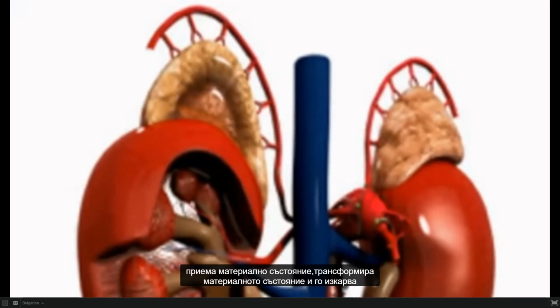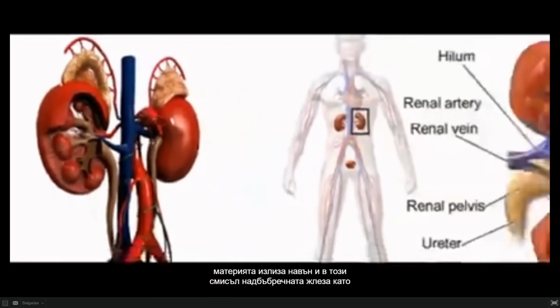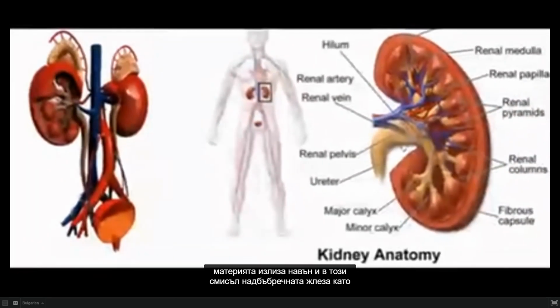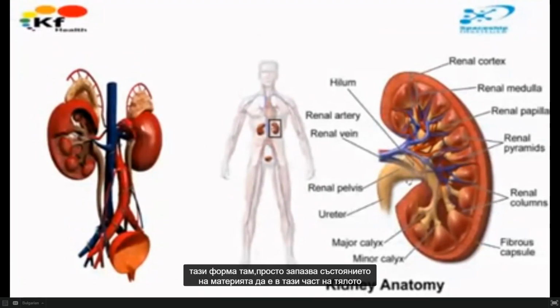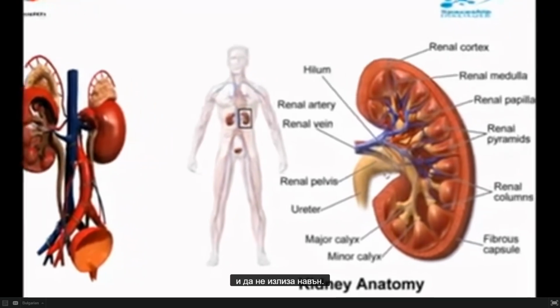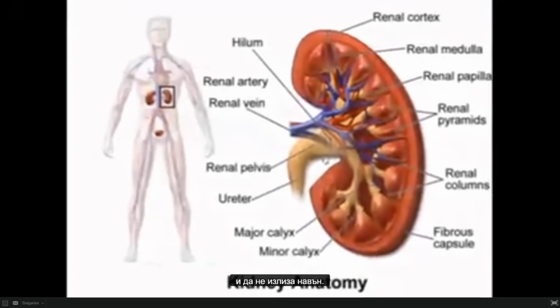It means the kidney accepts the matter state, transforms the matter state, and transcends the matter state out of the body through the whole urogenital system, ureter, bladder, and the matter goes out. In that sense, the renal gland, with that shape, just preserves the state of matter to be in that part of the body and to not go out and not go in another way.